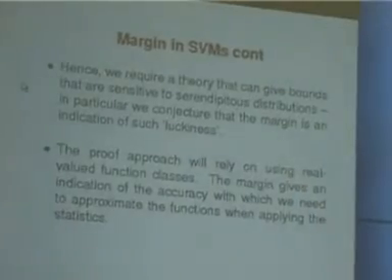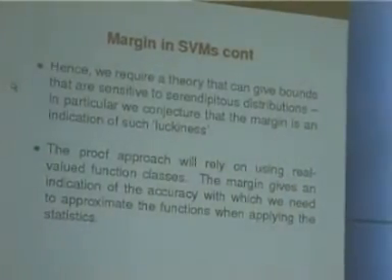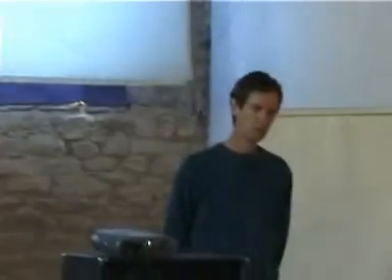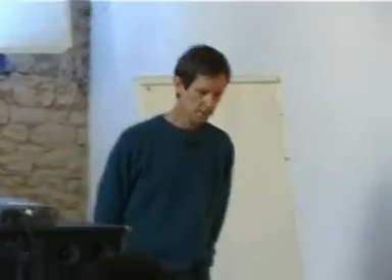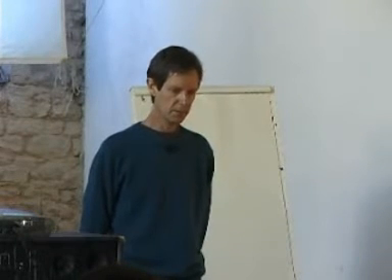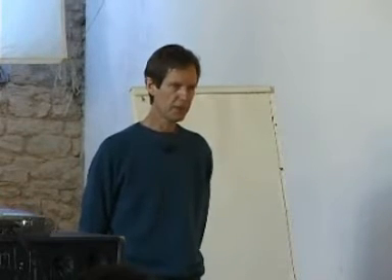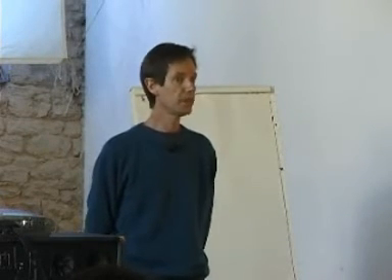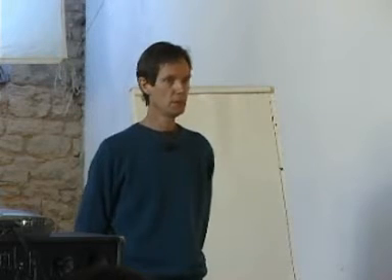So what I'm now going to do is take the first approach to proving the bounds for SVMs, which are based on the margin. I won't give a complete proof of these, but it follows a very similar pattern to the proof for the VC dimension that we've seen so far.